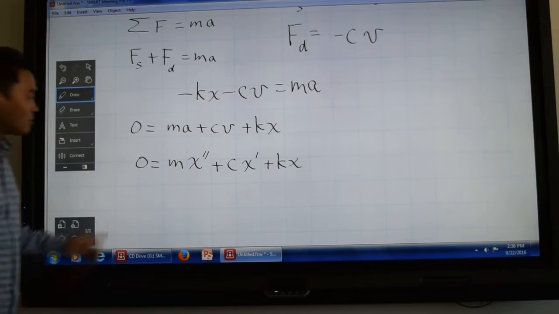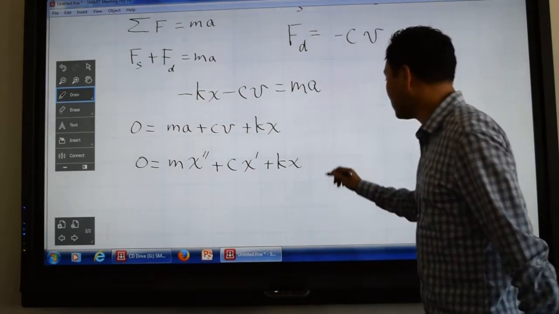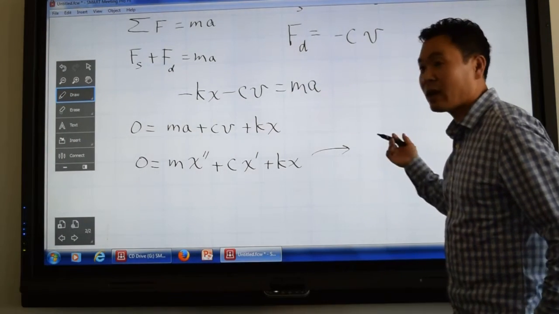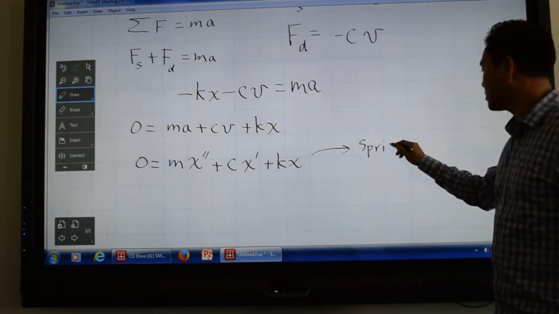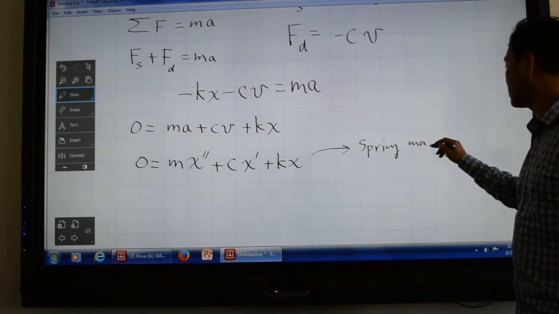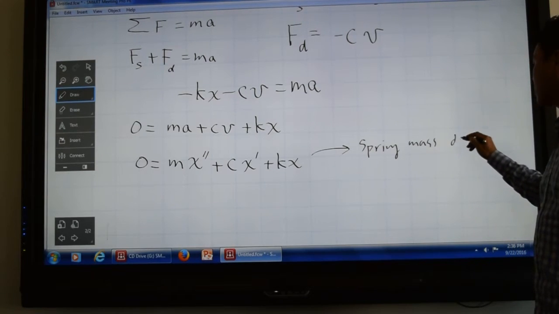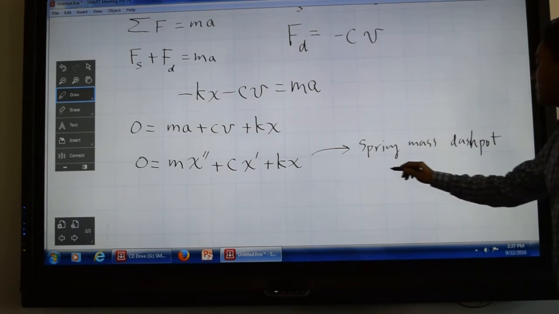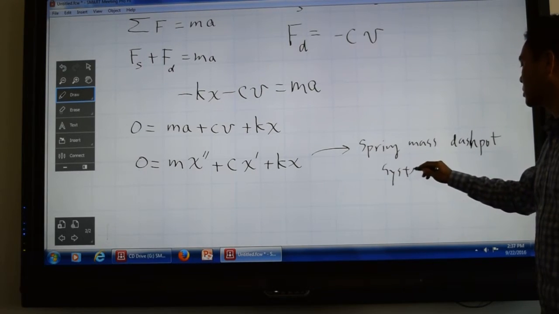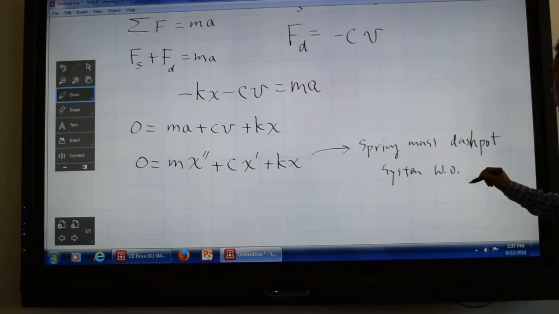So this is the differential equation in case where you don't have any external force. So this is a spring mass dashpot system without external force.